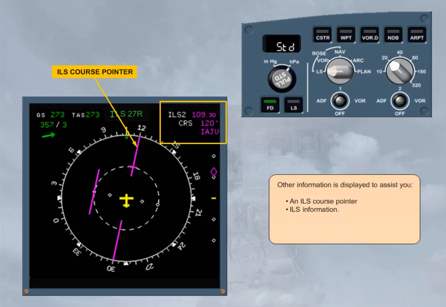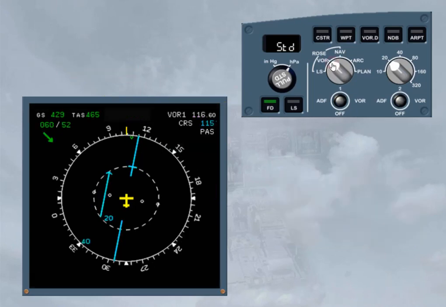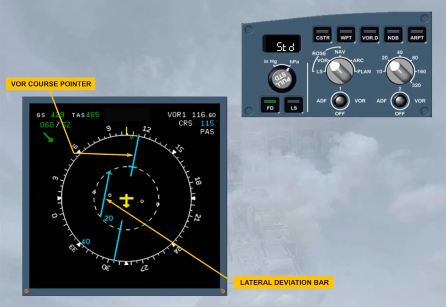Select ROSE VOR mode. The ROSE VOR mode is another raw data display. On the display, there is now a course pointer and a lateral deviation bar for the VOR, in this case, VOR 1.